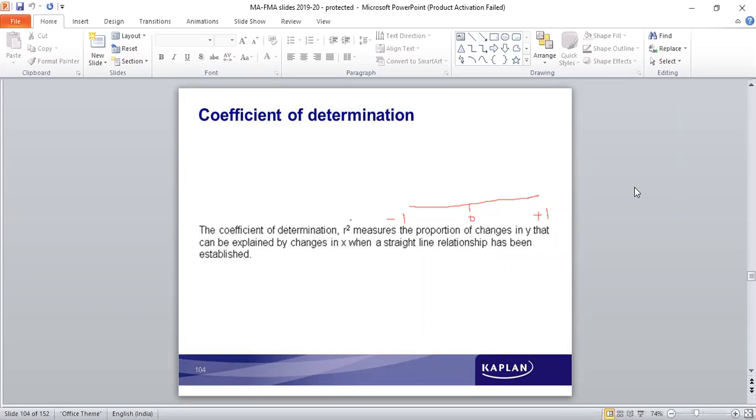The coefficient of determination, R square, measures the proportion of changes in Y that can be explained by changes in X when a straight line relationship has been established. There are certain interpretations of the calculated value of R and the coefficient of determination.